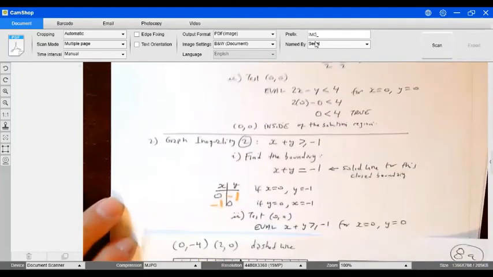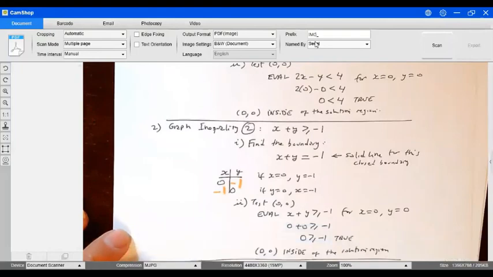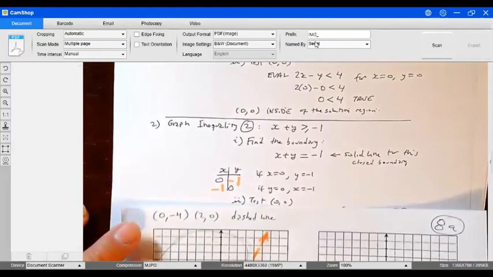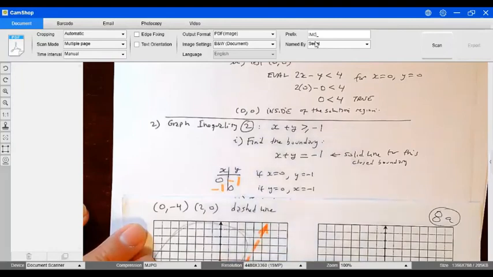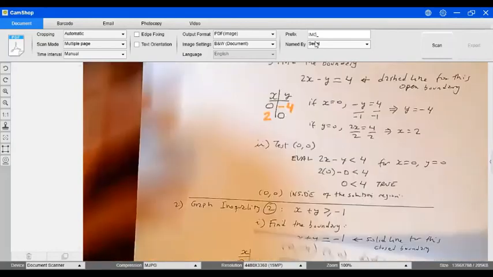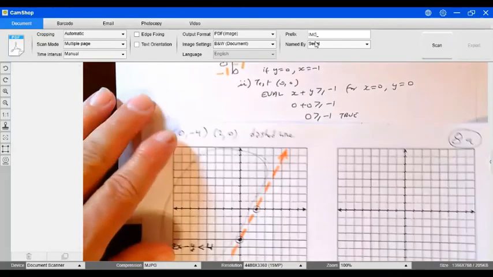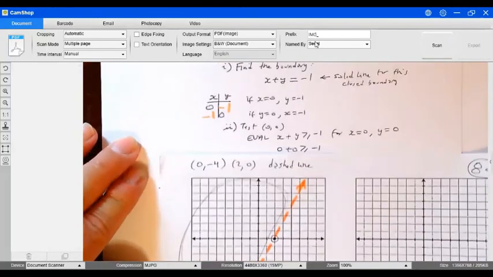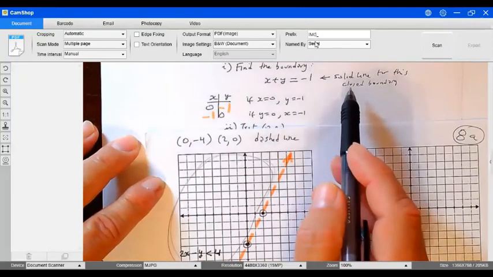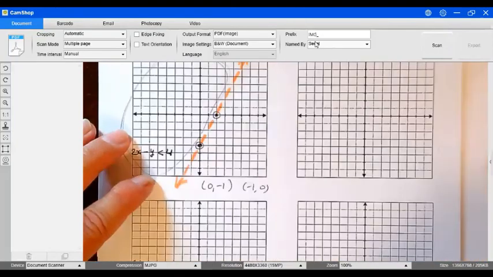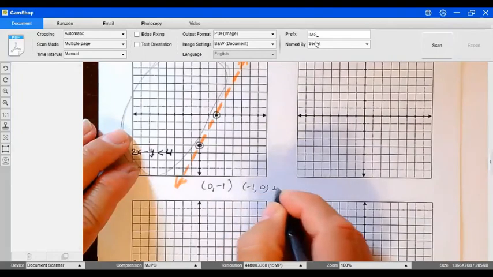So we found that the points defining the boundary line are 0, -1. So I'm going to write here 0, -1 and -1, 0. So these are the 2 points that define the boundary, and it's also a solid line. So I'm going to have here that this is going to be a solid line.